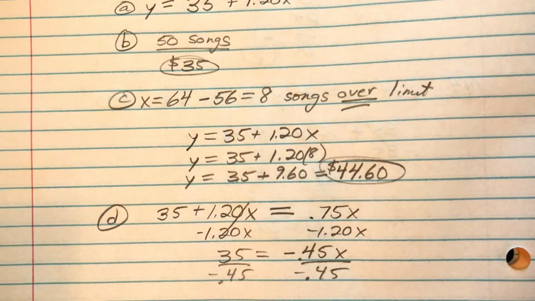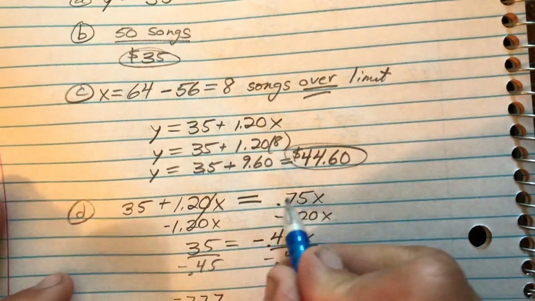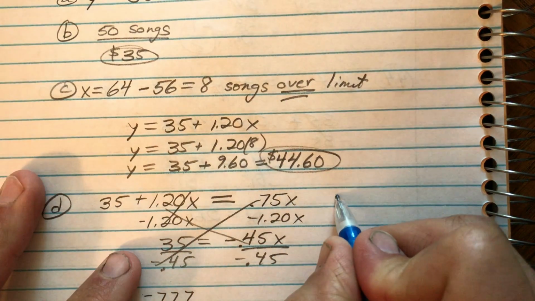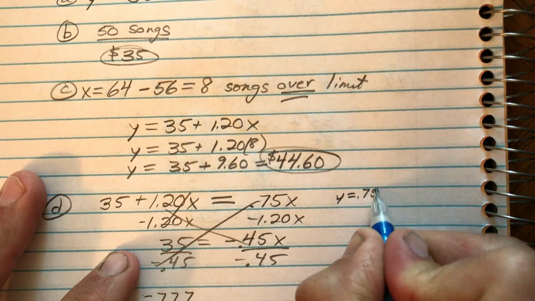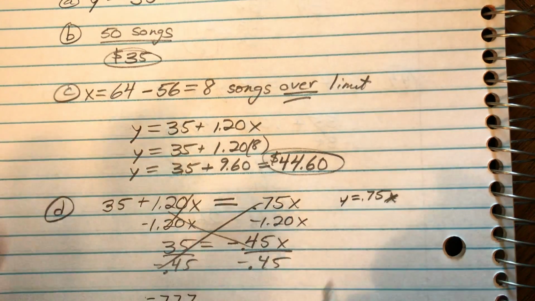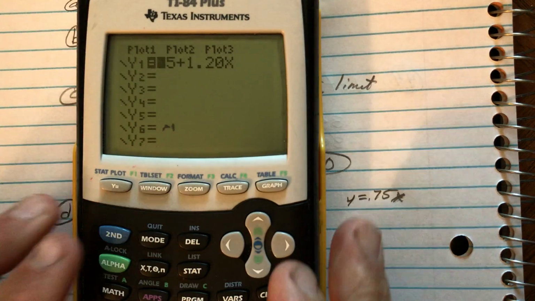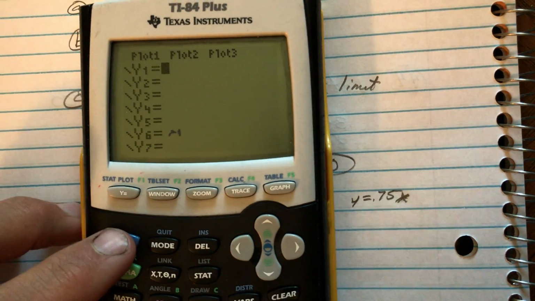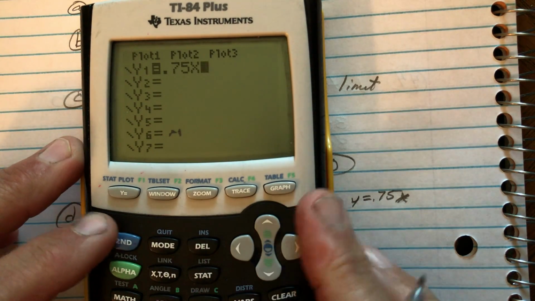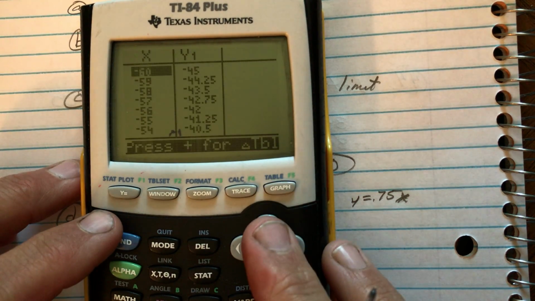You could look at the table for that. This one, forget this idea. Y equals 0.75x. Now remember, x is total songs. Look at the table.